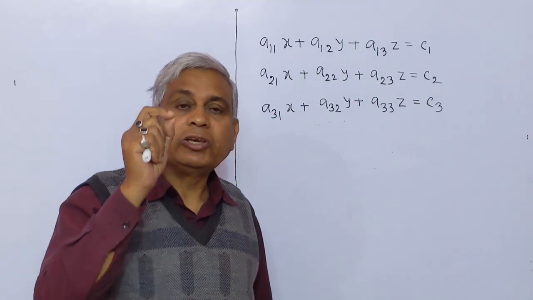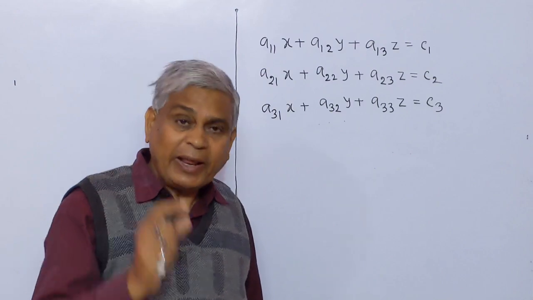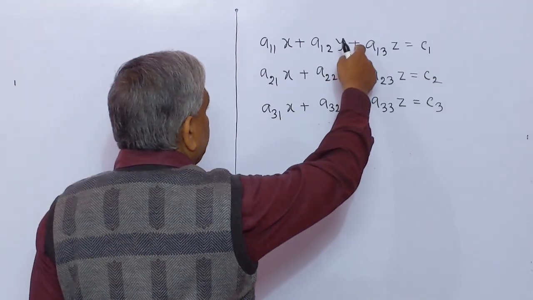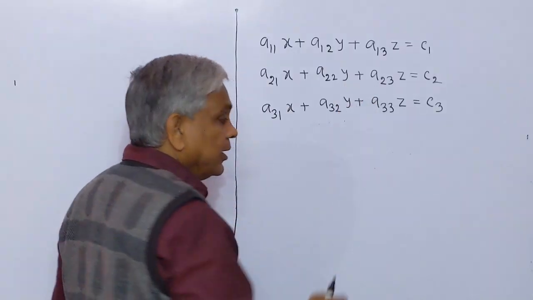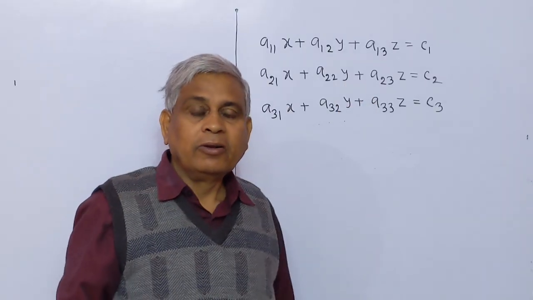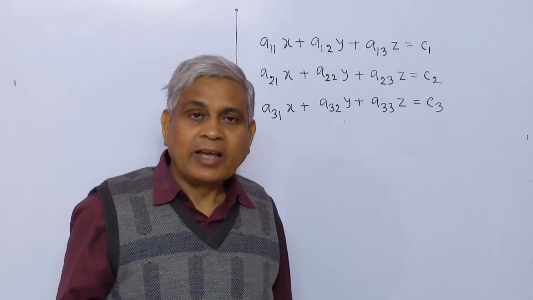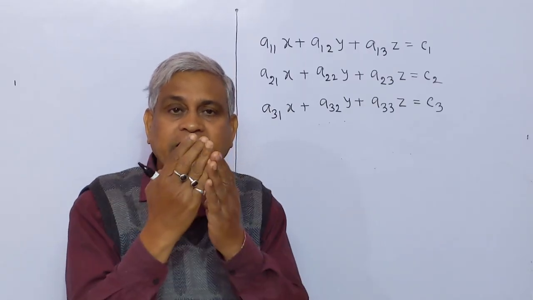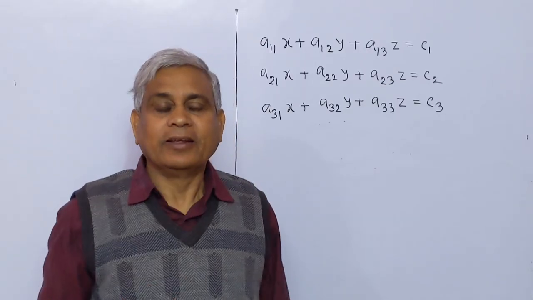Also, each equation represents a plane. If we take the first two equations together, we get two planes, and two planes intersect along a straight line.